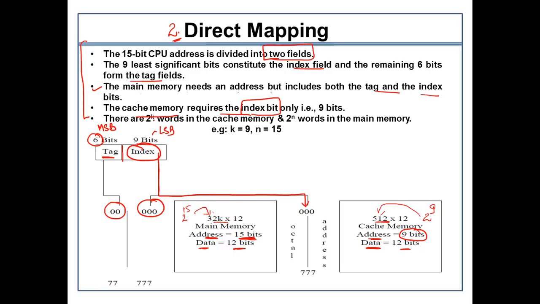There are 2 raised to power k words in the cache memory and 2 raised to power n words in the main memory, which we are already aware of. Here 2 raised to power n is 2 raised to power 15, so this much data is available in the main memory, and this much data is available in the cache memory.